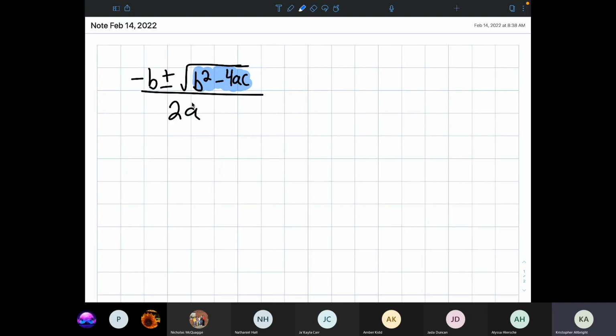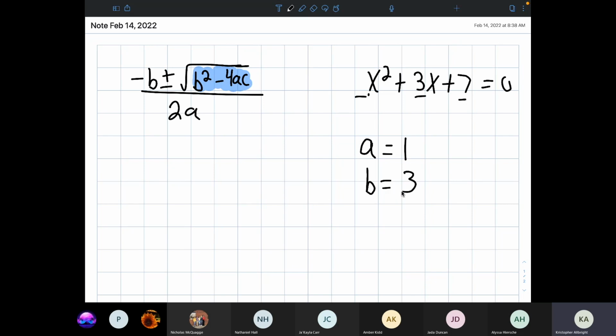So you take this, you identify those pieces. So if you have a quadratic that looks like this, or something along those lines, and you're looking for the coefficients, this is a, this is b, and this is c. So our a is that understood 1 by x squared, our b is that 3, and our c is that 7. And now we plug these guys in here.